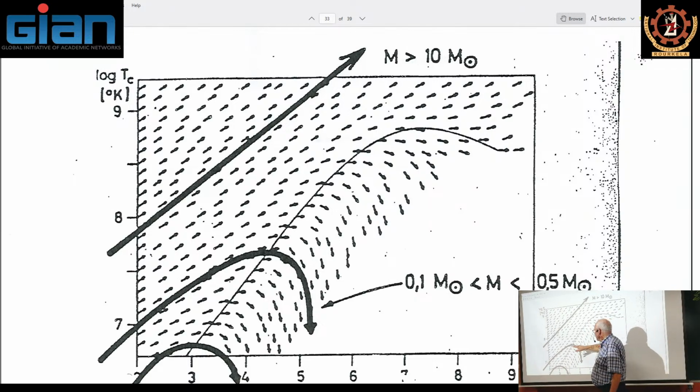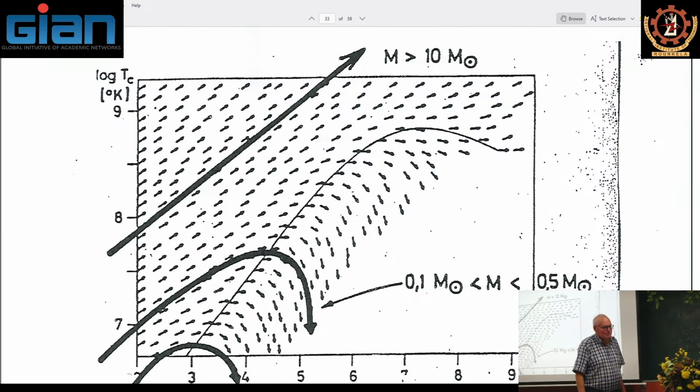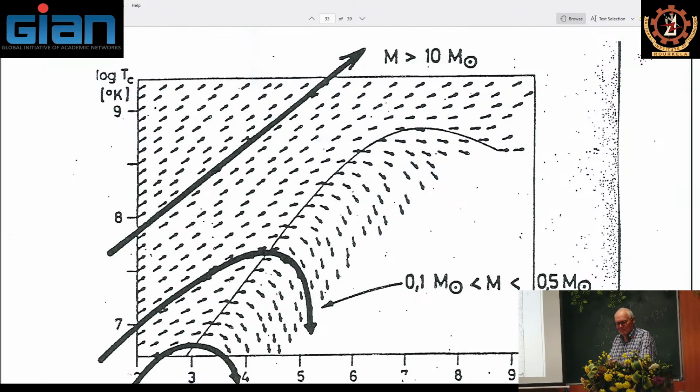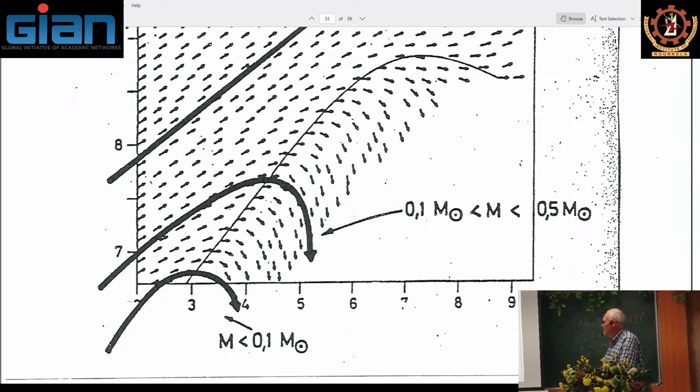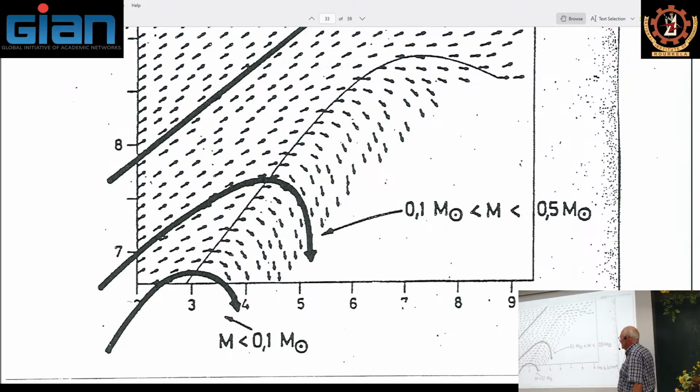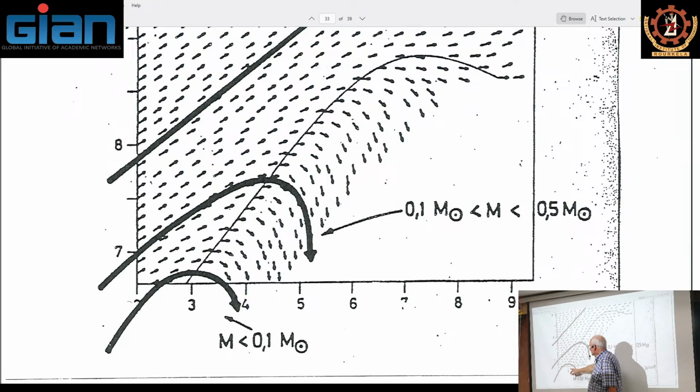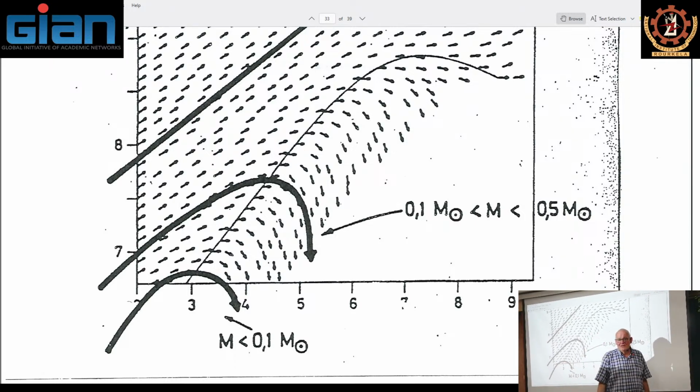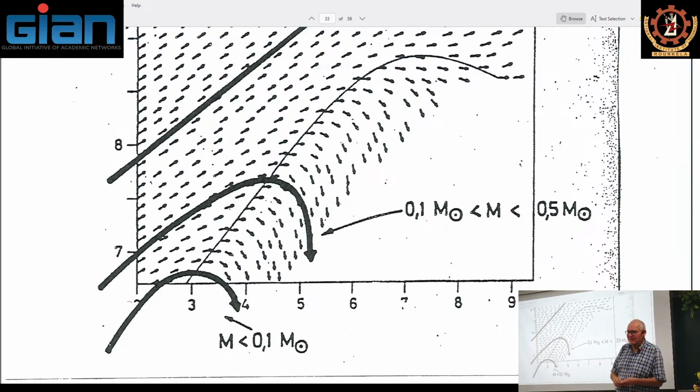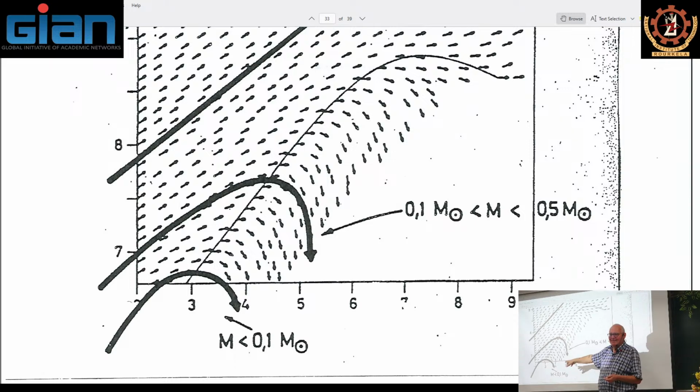If the mass is smaller, then this maximum is reached earlier. So for masses smaller than 0.1 solar masses, it's reached before a temperature of 10^7 K is reached. What does it mean for a 0.1 solar mass star?